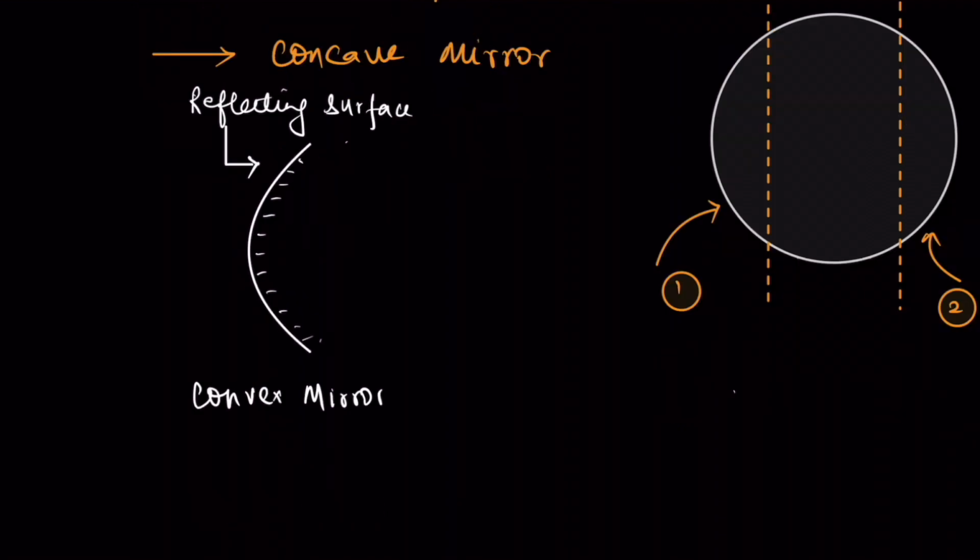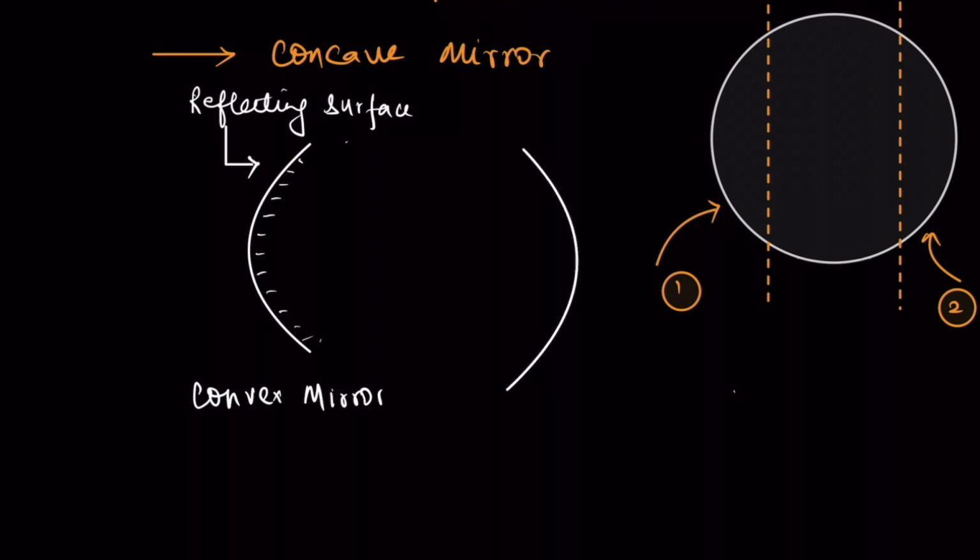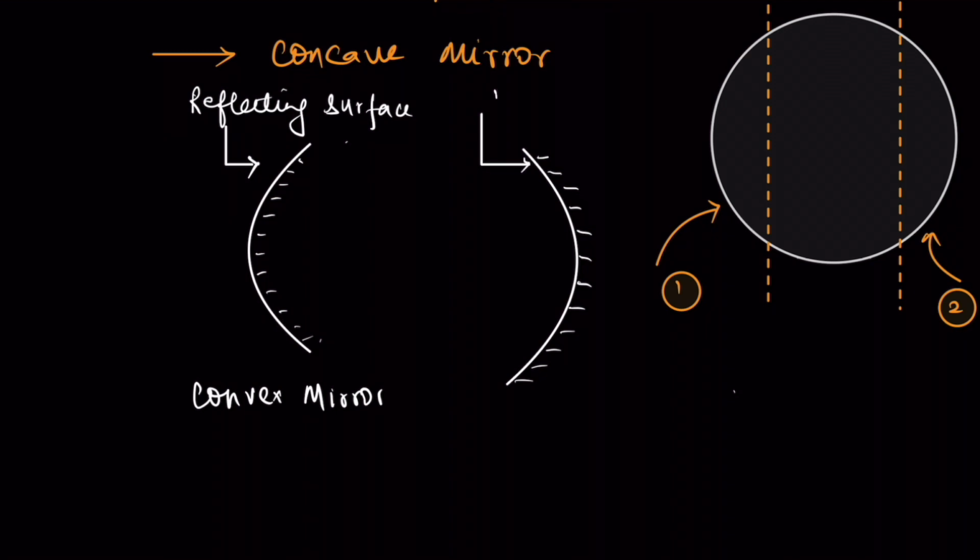Now we take the second surface of the sphere, and in this case we make outer region as non-reflecting surface and inner is the reflecting surface. So this forms a concave mirror.